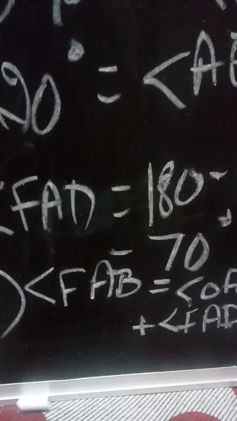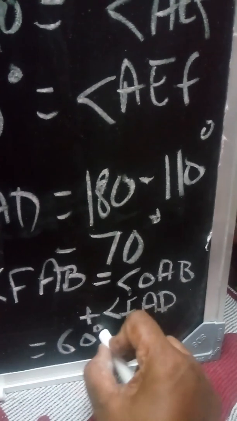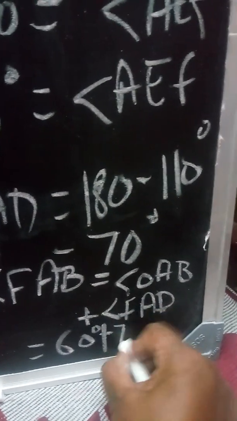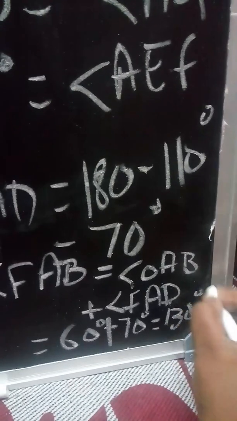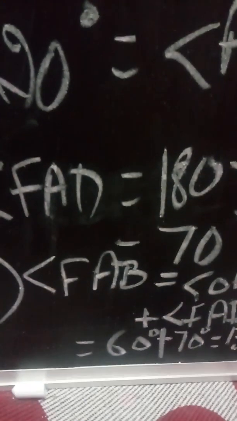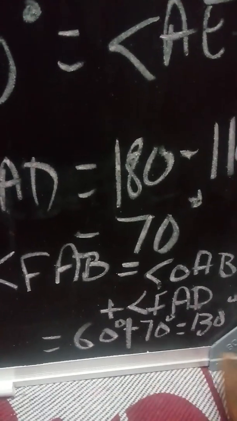Now OAB is 60 degree plus FAD is 70 degree, which is equal to 130 degree.